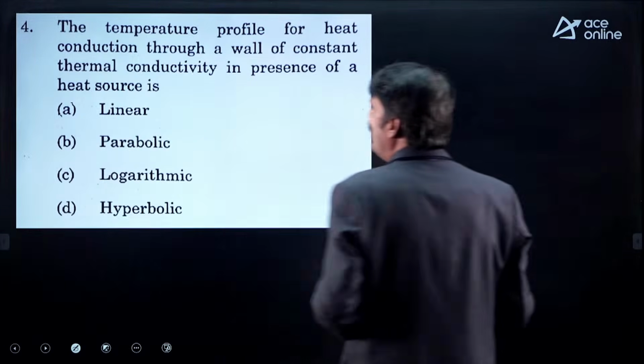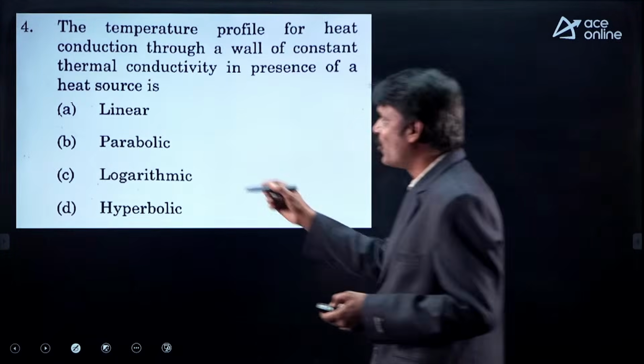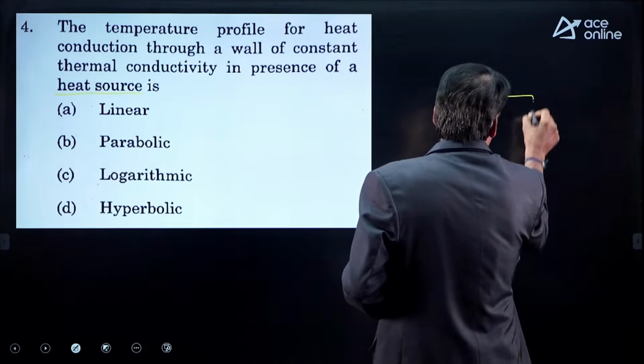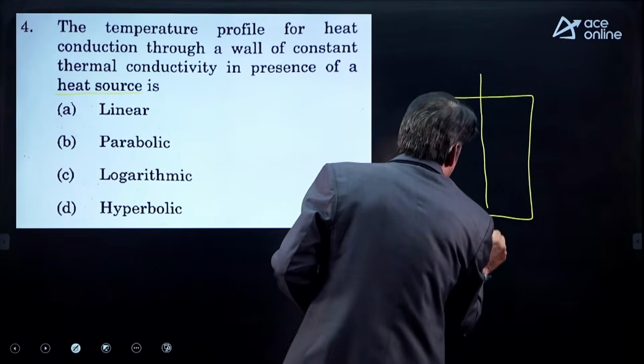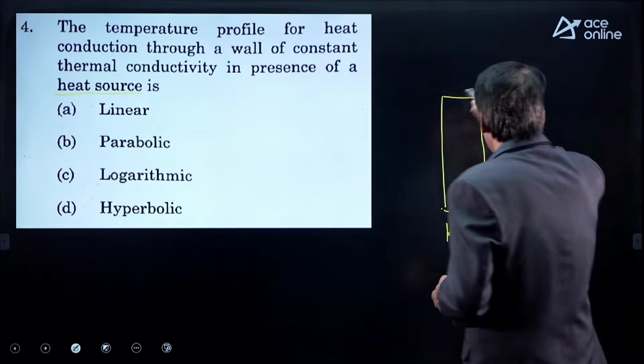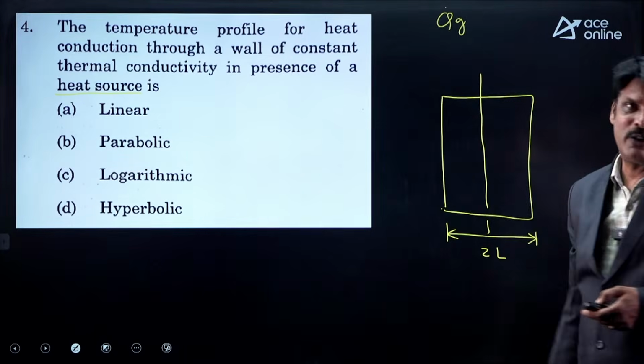The temperature profile for heat conduction through a wall of constant thermal conductivity in the presence of a heat source. Whenever there is a heat source, of length, if you are taking 2L, this is generating heat per unit volume.